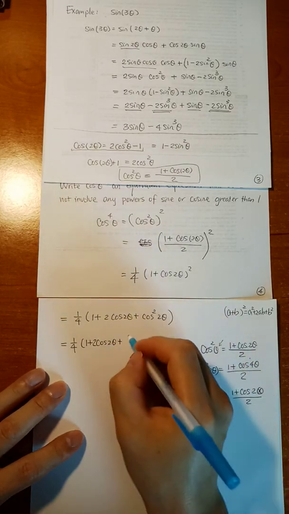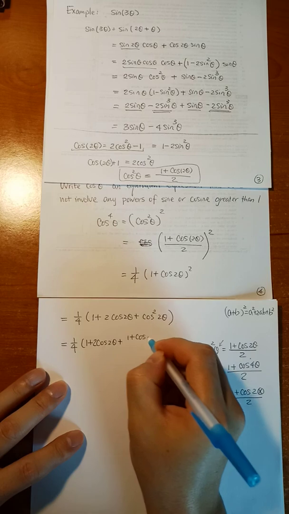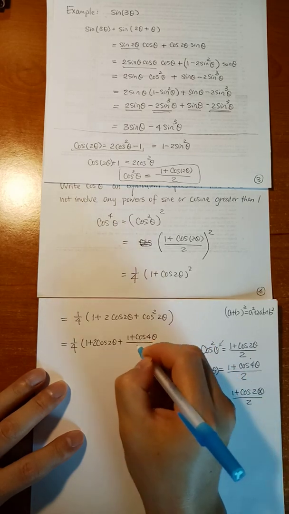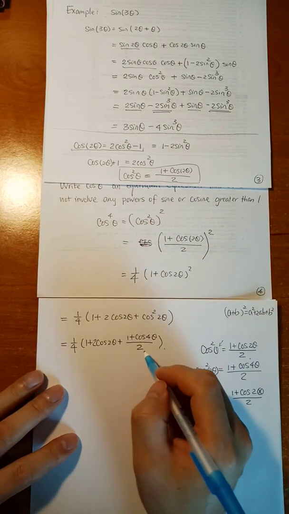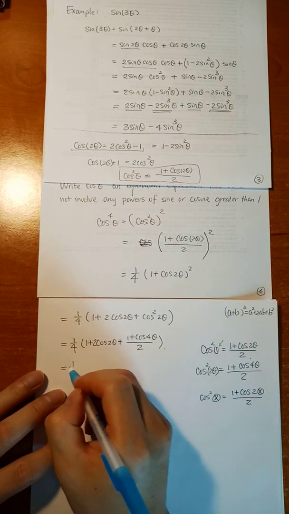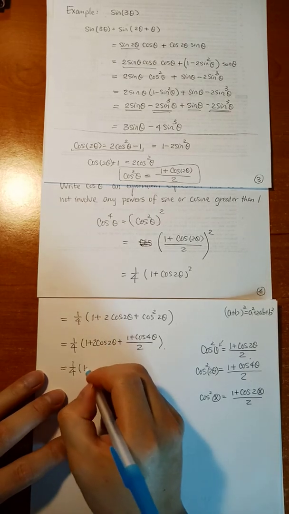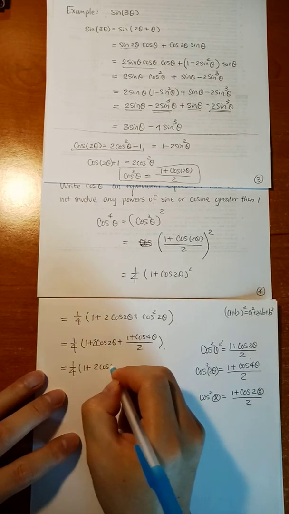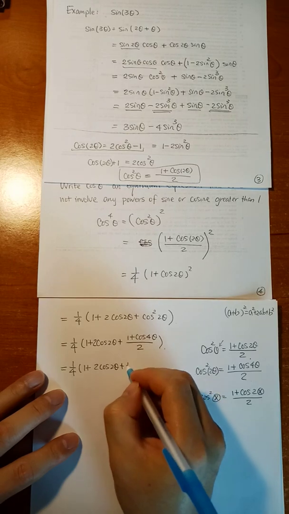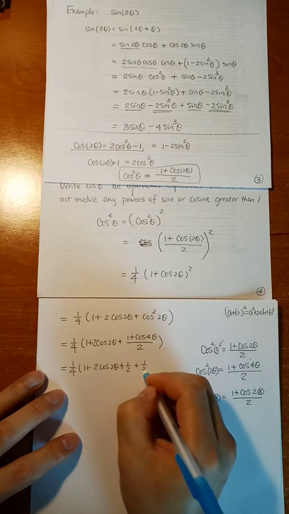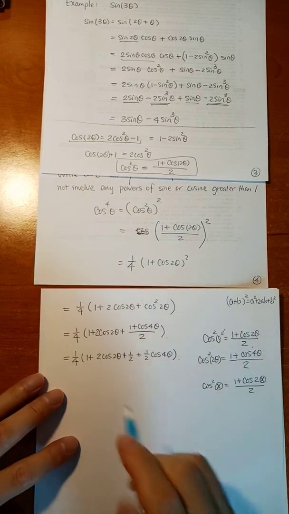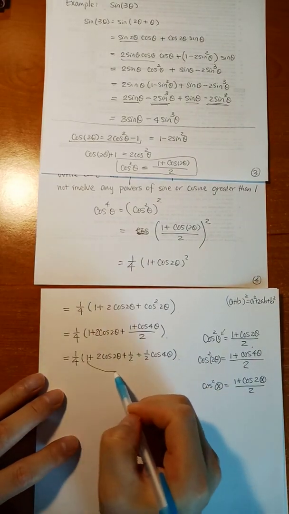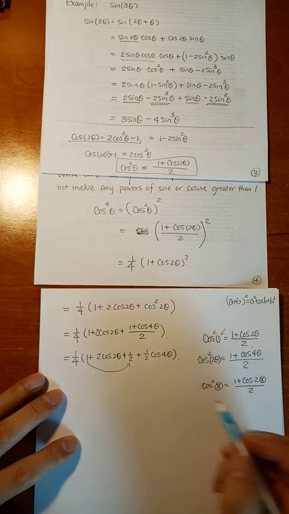So here, 1 plus cosine 4 theta over 2. Okay, so let's continue the simplification. It's 1 over 4, 1 plus 2 cosine 2 theta. Here 1 over 2 is 1/2, then 1/2 cosine 4 theta. 1 plus 1/2 is 3/2.